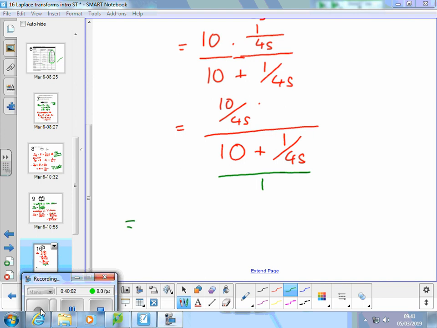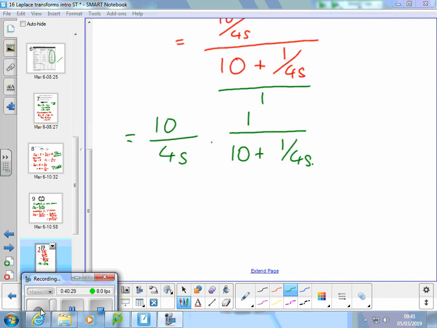So, like this: 10 over 4s times 1 over 10 plus 1 over 4s. Turn that bottom fraction upside down. That multiplication gives us, on the top line, 10.